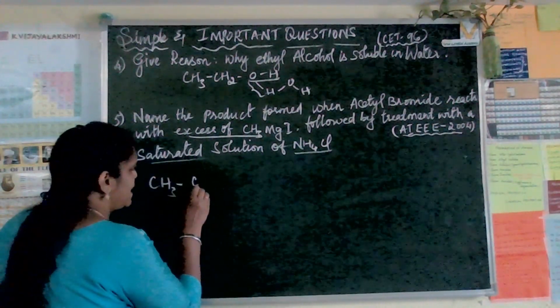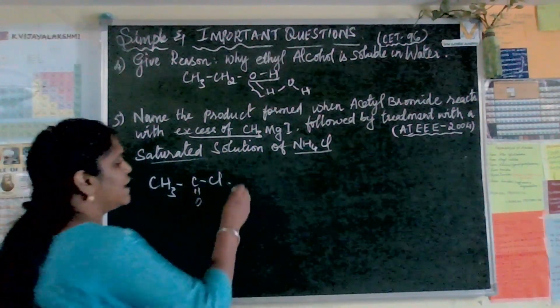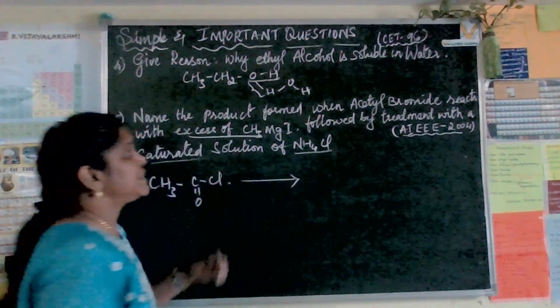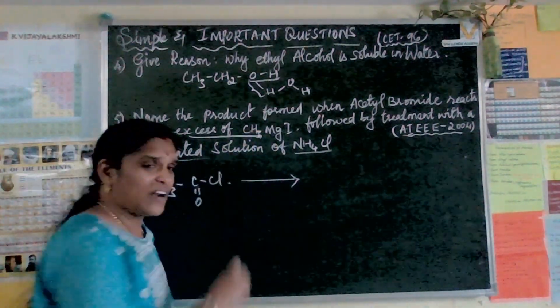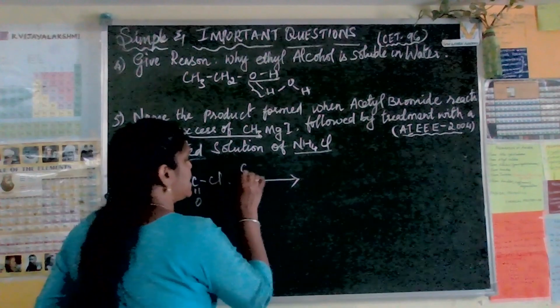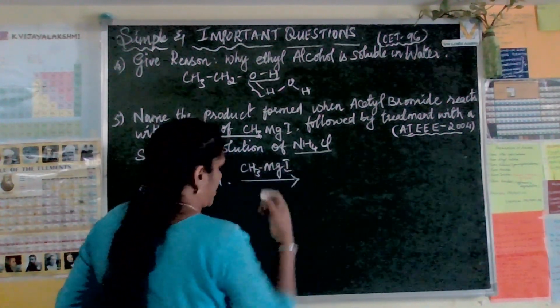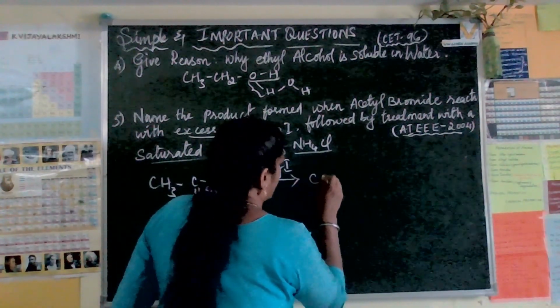CH3C double bond O Cl. This is acetyl chloride. It reacts with excess of Grignard reagent, methyl magnesium iodide, CH3MgI. Now what is the product you are getting?